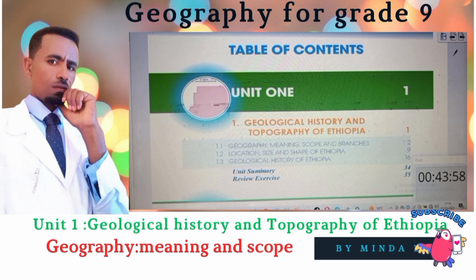The first topic deals with geography, meaning of geography, scope and branches of geography. Topic 2, location, size and shape of Ethiopia. And 3, geological history of Ethiopia.